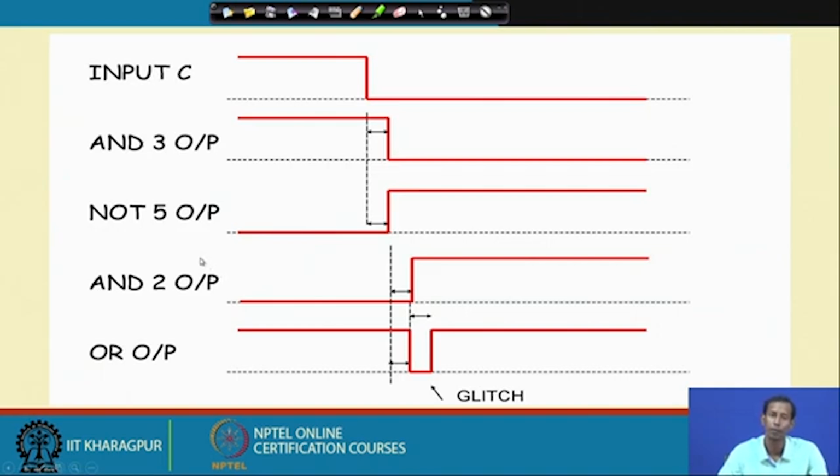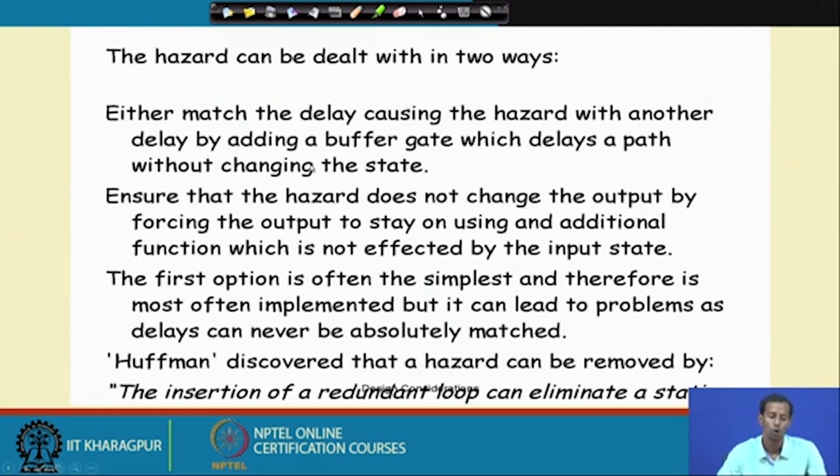The same kind of example, if you take for product of sum, that means OR AND case, at that time you will get this as static 0 hazard. Okay. So, how to deal with this hazard? This hazard can be dealt with in two ways. Either match the delay causing the hazard with another delay by adding a buffer gate which delays a path without changing the state.